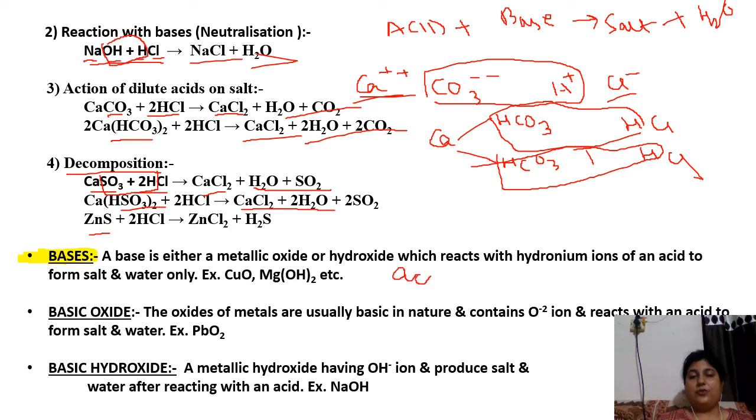What were acids? They donate hydrogen ion, but bases are the substances which accept hydrogen. The pH of base is always more than 7. And they are usually bitter in taste.